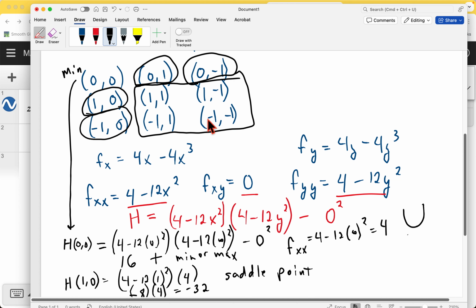But when we plug this in, what's going to happen is the Hessian will be positive, and then f of xx, when we plug it into just this part, is going to be negative. So let's verify that. I'll just do it up here. We'll do the Hessian. Let's just do 1, 1.